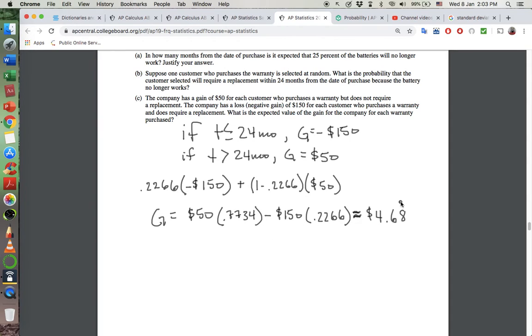On the other hand, for a customer, right, is it profitable or is it wise to buy a warranty? Well, there's only a 23% chance that your phone battery is going to break within the term of warranty. So if you spend $50, there's a relatively low chance that you're actually going to have to use that warranty. But in the case that your phone does break within that period, although it's relatively low chance, then you will actually save some money, right?